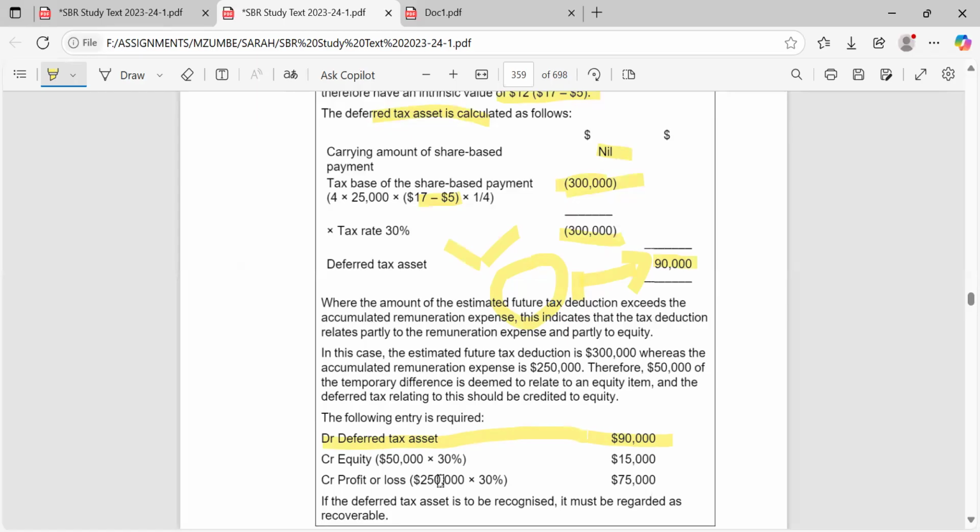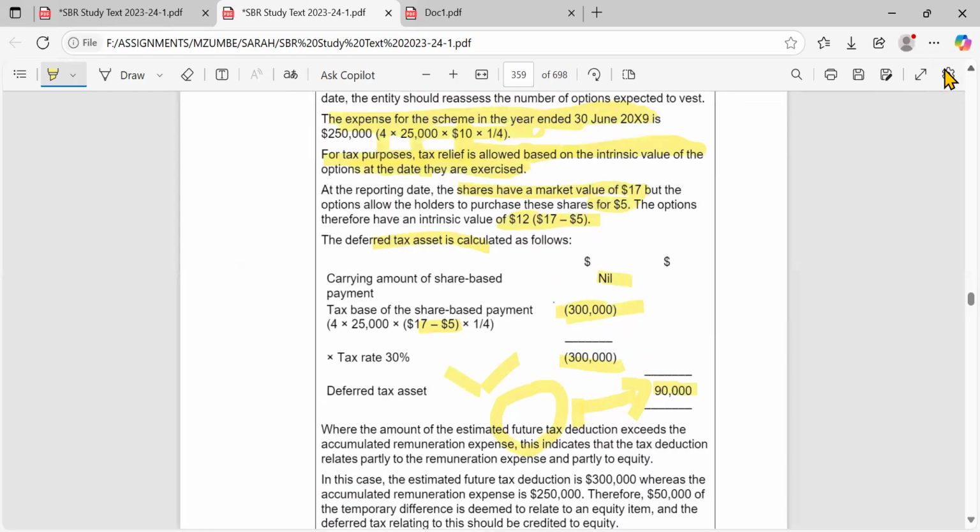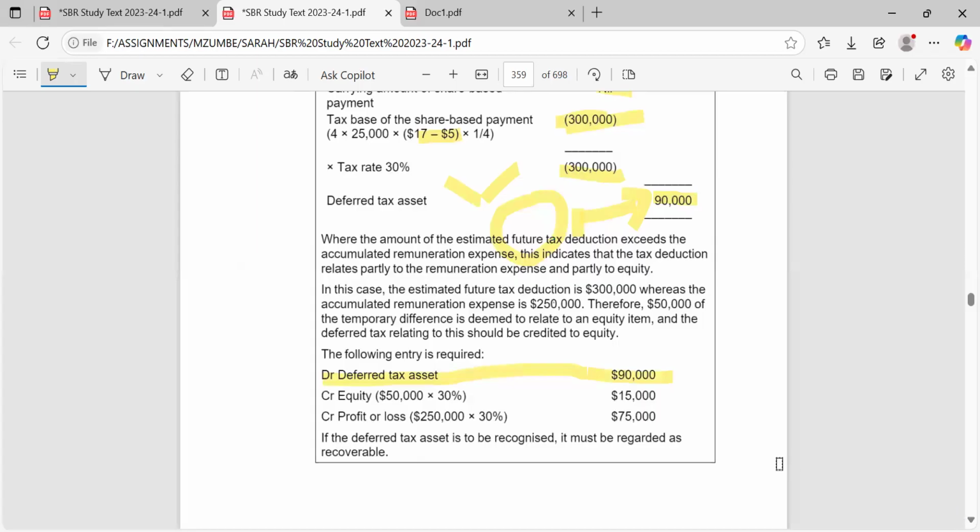Then when we come to the issue of profit or loss, we are going to do it this way, right? For profit or loss, it's easy. Remember, we already computed the remuneration expense, which was equal to equity, and we got 250 here. So just multiply it by 30%, and how much are you going to get?